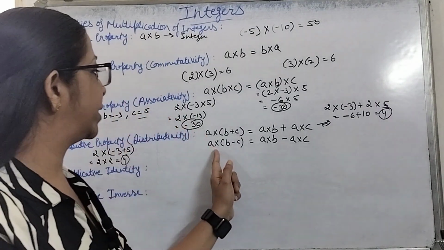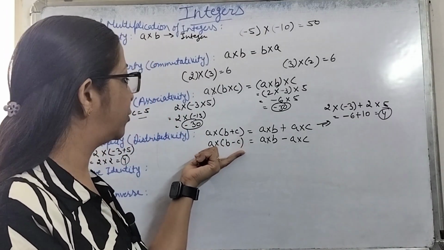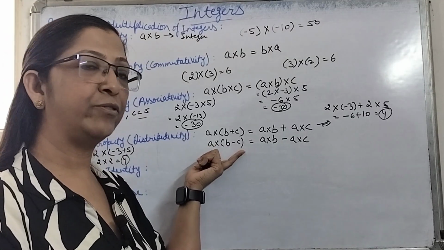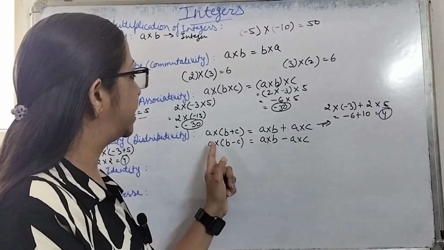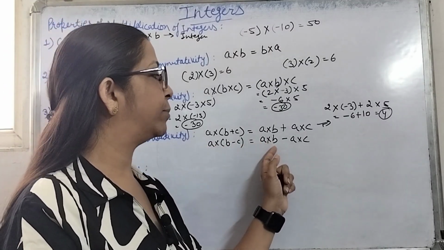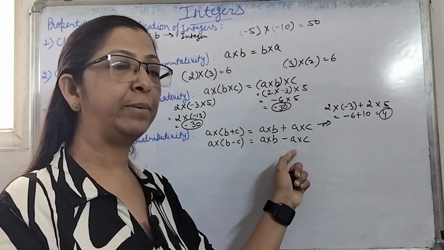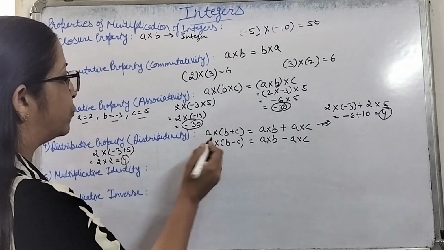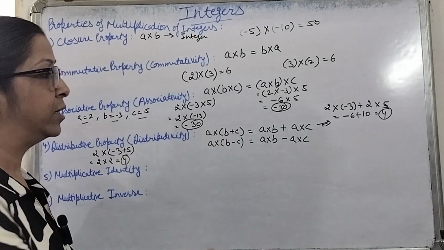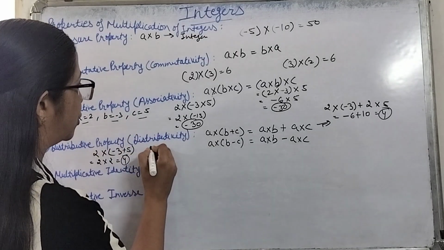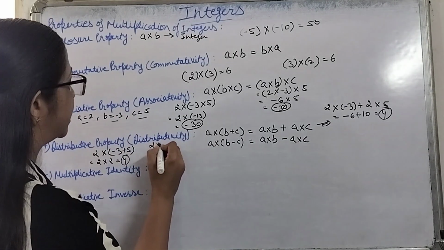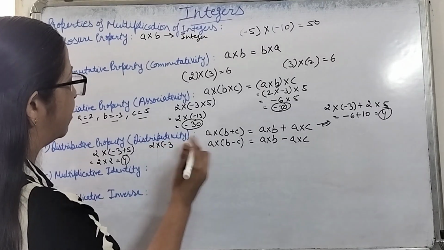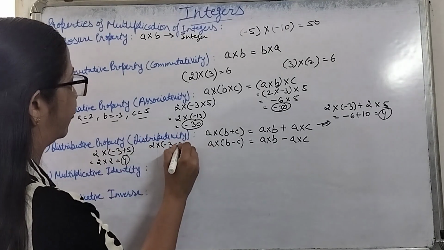Now the second condition we are seeing is the distributive property of multiplication over subtraction, which says that a multiplied by b minus c will be equivalent to a multiplied by b minus a multiplied by c. We have taken the same values of a, b, c over here also. So first of all, we are solving the LHS part. The LHS part will be a is 2 multiplied by b is minus 3 and minus of c is 5.